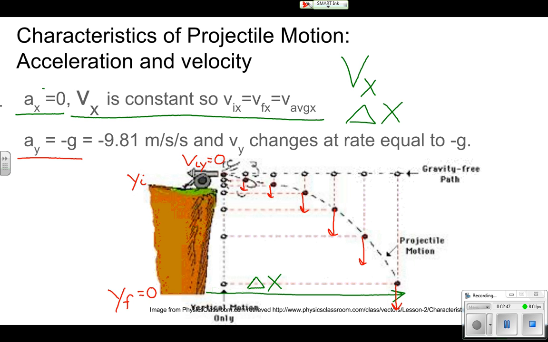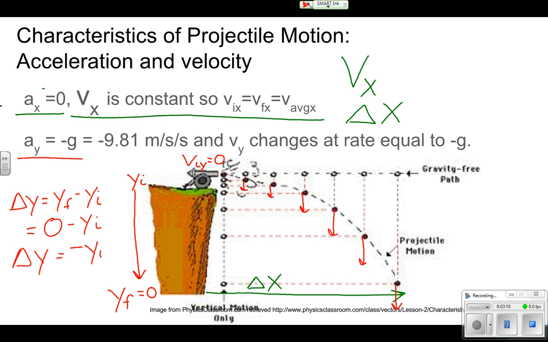We usually make that final position 0. So therefore, my displacement in the y direction, my change in y, is yf minus yi, or 0 minus yi.